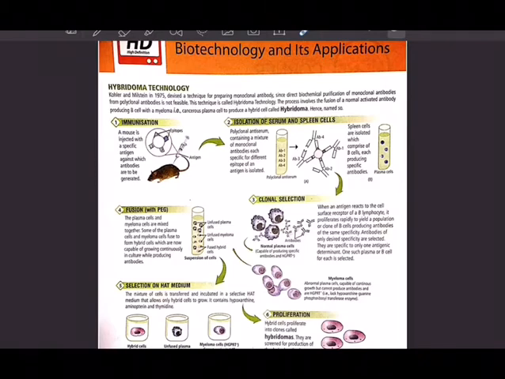And next, in step number 3, what are we doing? Clonal selection. When an antigen reacts to the cell surface receptor of a B lymphocyte, it proliferates rapidly to yield a population or clone of B cells producing antibodies of the same specificity.